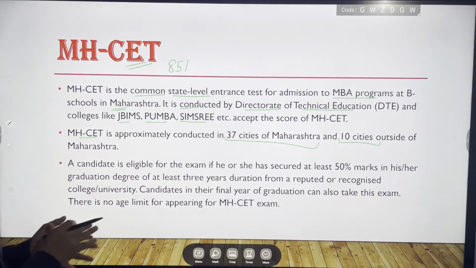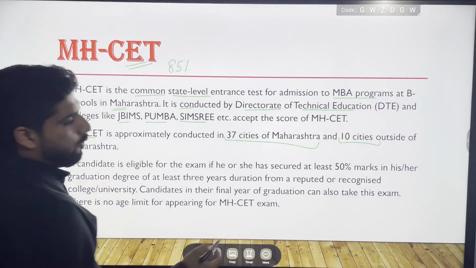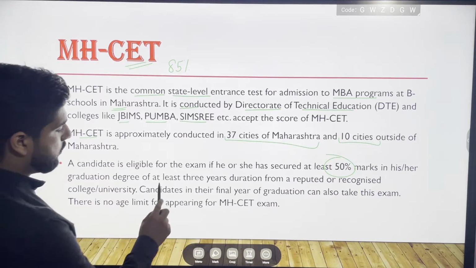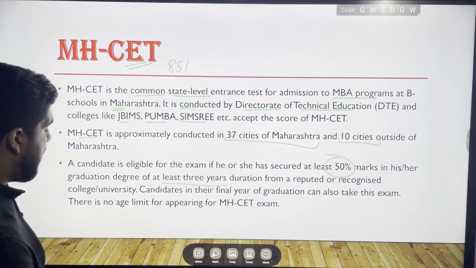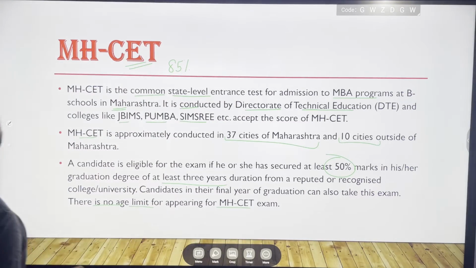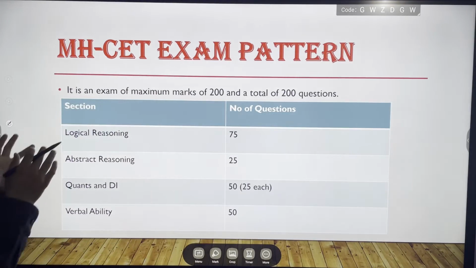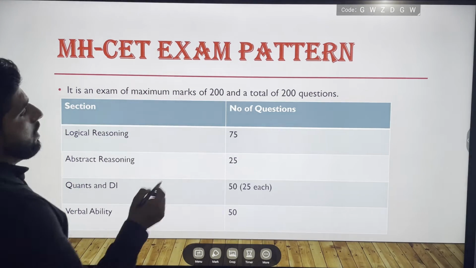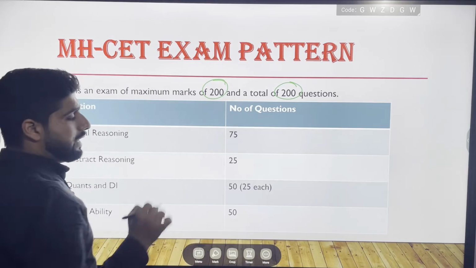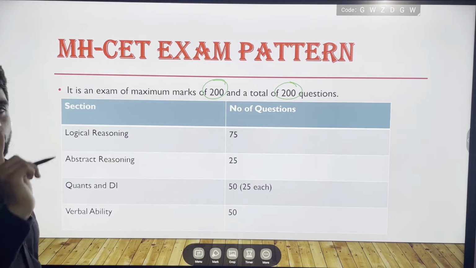The eligibility criteria remains the same, that is 50% at least marks from any graduation degree of at least 3 years, and also there is no age limit for appearing for the MHCET exam. Now regarding the exam pattern, there will be 200 questions of 200 marks. So that means each question is of 1 mark.